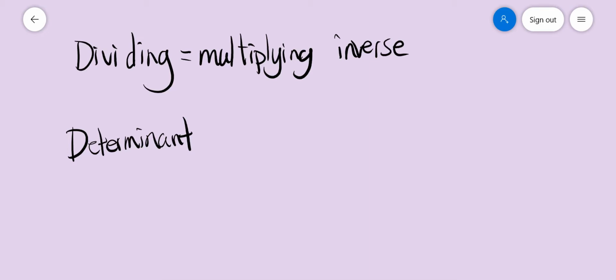And we write the determinant as det. You just read it as determinant, but you write det, okay?